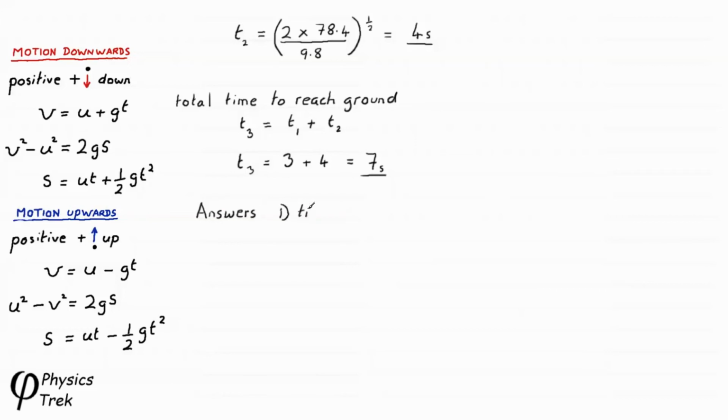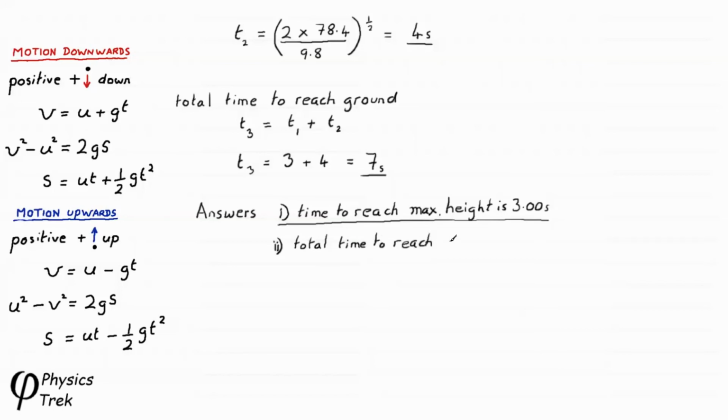Okay, part 1. The time to reach maximum height is 3.00 seconds. Part 2. The time to reach ground is 7.00 seconds to 2 decimal places.